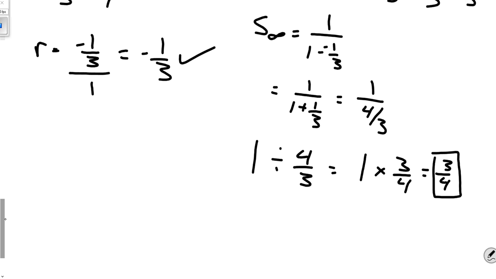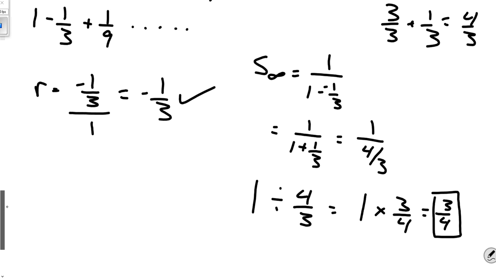That's your answer. So that means these numbers are going to keep alternating between negative and positive, but they're going to get smaller and smaller. But if you just add them all up, they add up to 3/4. How come it becomes from 1 subtract negative 1/3 to 1 plus? When you subtract a negative number, it becomes positive. Cool?